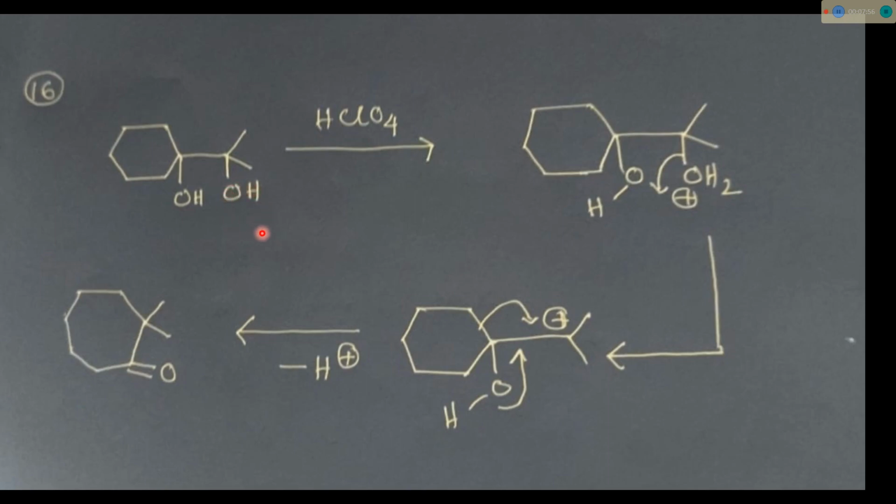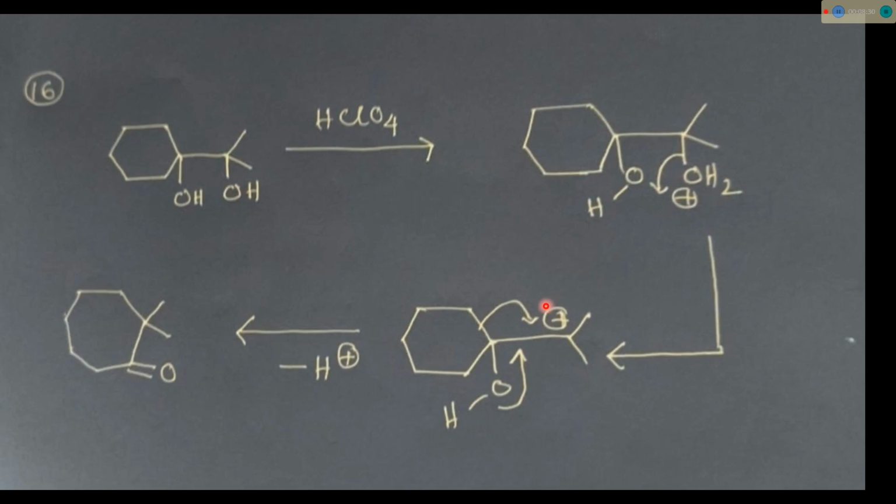If this OH is protonated, then after leaving as H2O, one carbocation is formed here. If this OH is protonated, then after leaving this OH2 group as water, the carbocation is formed in this position. We all know that a carbocation in a cyclic structure is unstable. So this is a normal 3° carbocation. This is also a 3° carbocation.